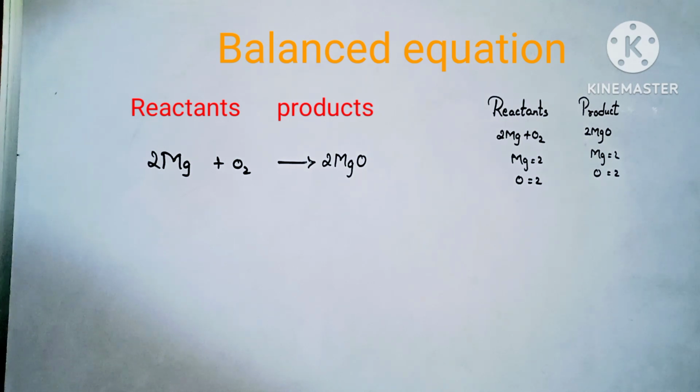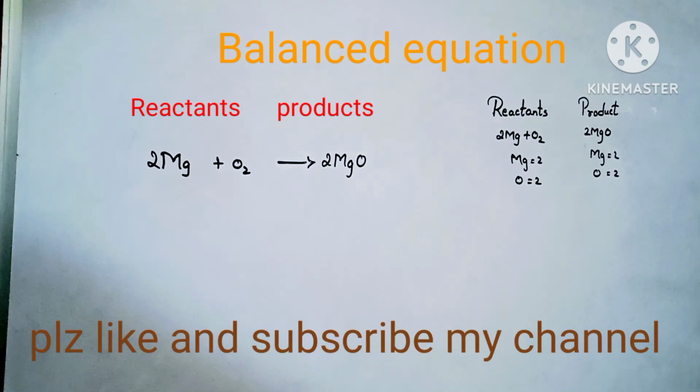One thing you have to know is that you cannot change the formulae of molecules when you balance the equation. You can change the number of molecules of the chemical substance by adding a number before its formula. Thus, the symbol 2MgO indicates 2 molecules of magnesium oxide, which contains 2 magnesium atoms and 2 oxygen atoms.